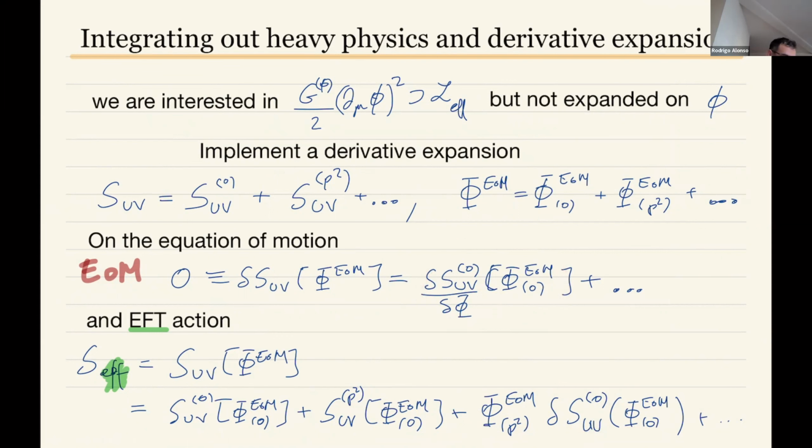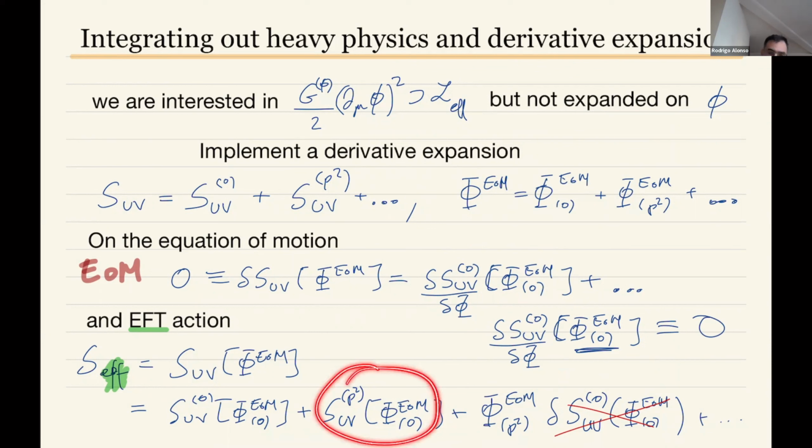So it does cancel out, because that right here equals zero is what defines the equation of motion to zeroth order. What I'm saying is that the evaluation of the p squared term is as simple as taking the p squared UV action and plugging in the zeroth order equation of motion. So we only need one of those two terms.